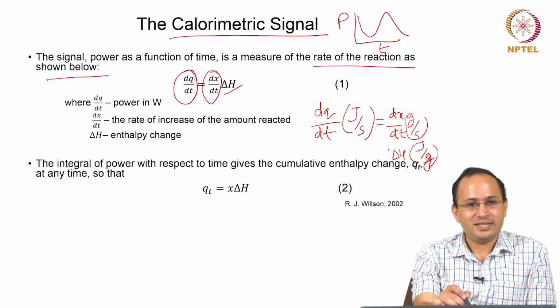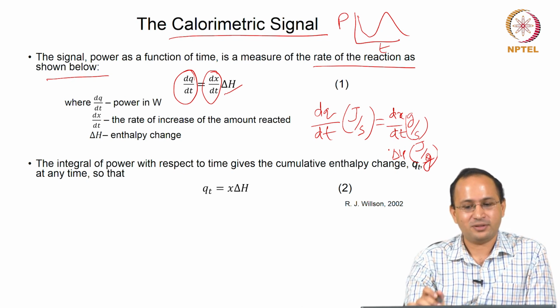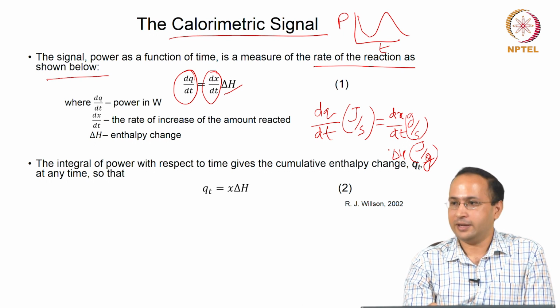So, dq over dt is the power signal, the heat rate, which equals the rate of increase times delta H. It is clear, right.